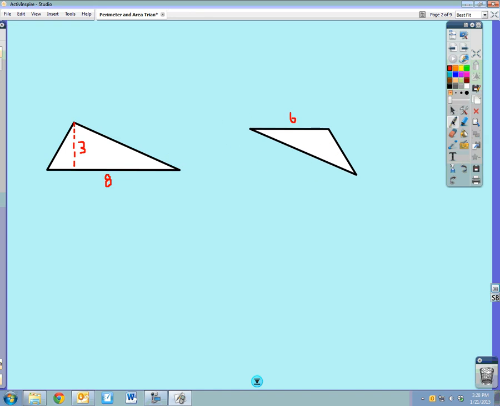If I find the area of this first triangle over here, the area of that triangle is going to be base times height divided by 2. So 8 times 3 divided by 2, I'm going to get 12. So the area of that triangle right there is 12. Now looking at this second triangle over here, if I want to find the area of this triangle, I need to know the base and the height as well.